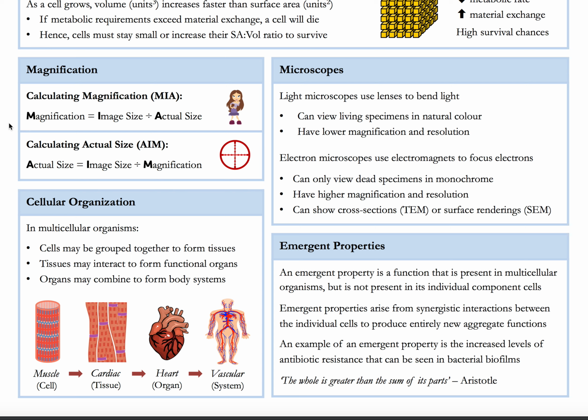In your exams, they could give you a microscope slide picture or an electron micrograph, and you have to calculate the real actual size using the magnification. Sometimes they give you the scale bar, or at least two quantities within this MIA equation.